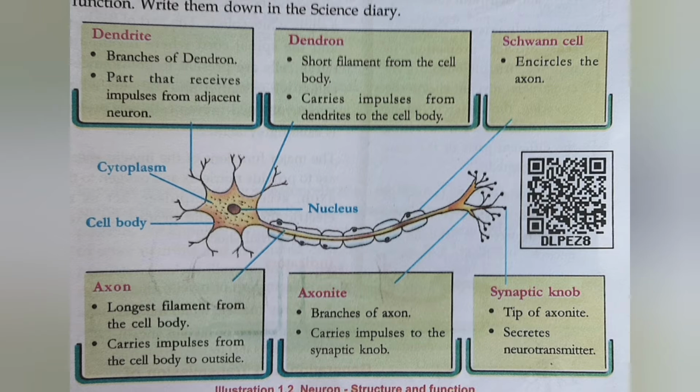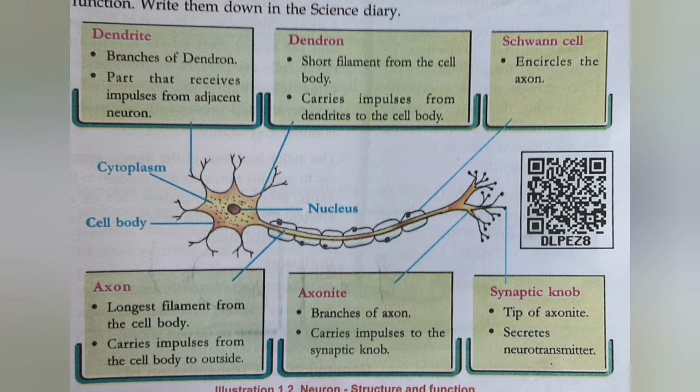These dendrites are the part which receive impulses from the adjacent neuron. The next part is the dendron, which are the short filaments from the cell body, which carry impulses from dendrites to the cell body.